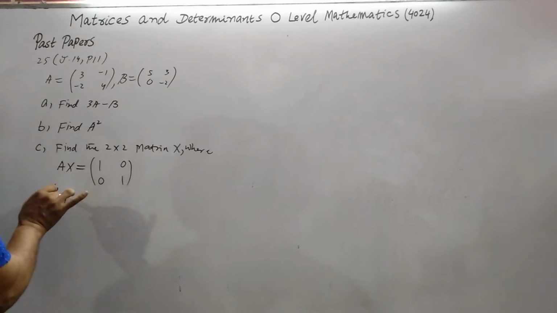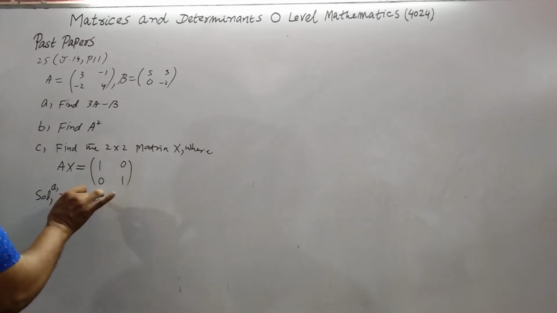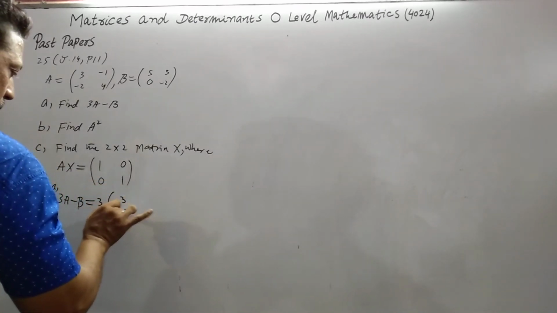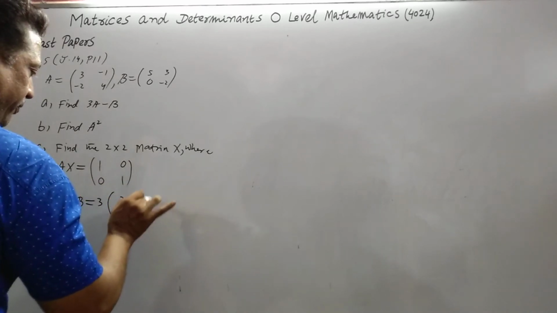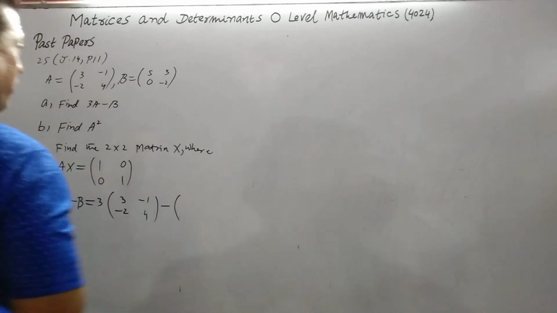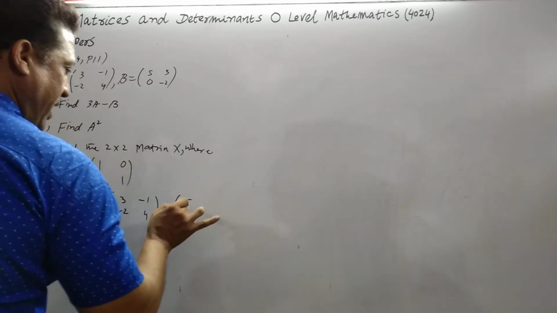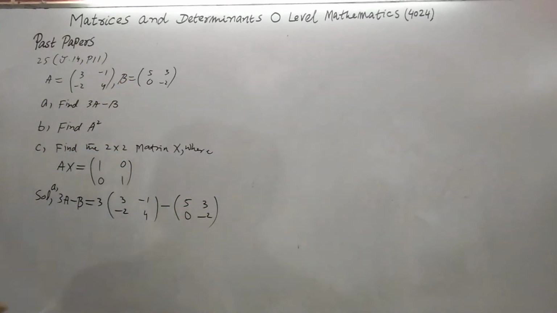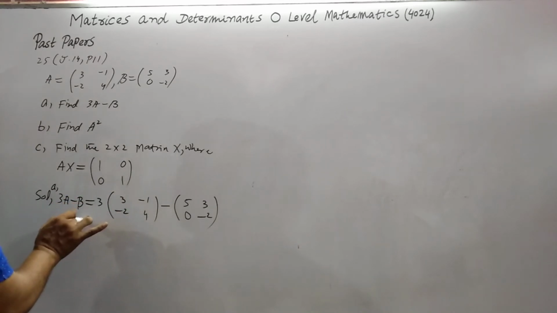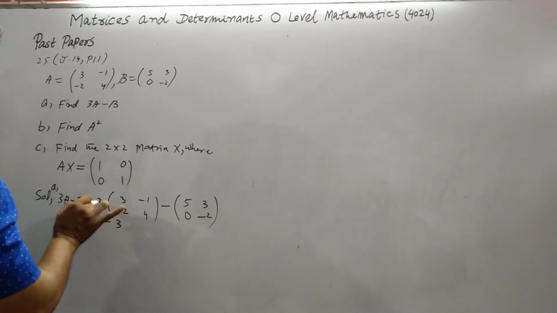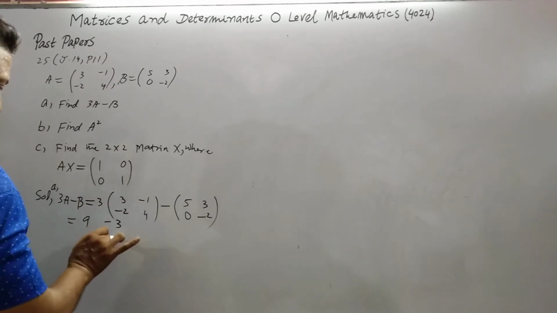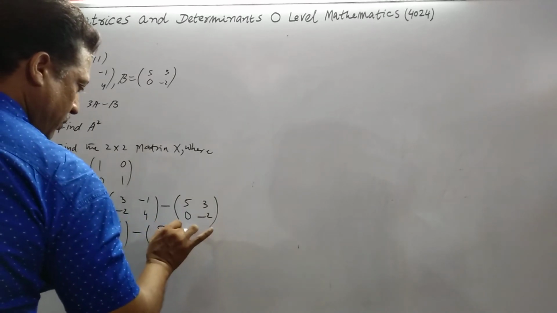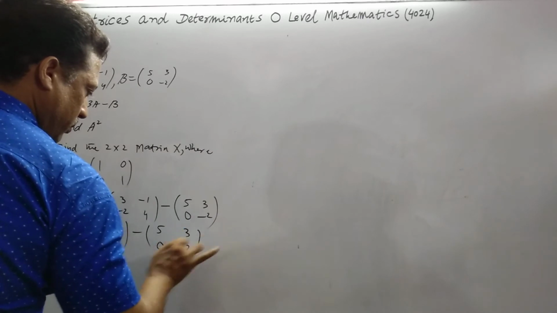Part A, 3A minus B is equals to 3 multiplied by A. What is A? 3 minus 2 minus 1 4 minus B. What is B? 5 0 3 minus 2. 3 3s are 9. 3 into minus 1 is minus 3. 3 2s are minus 6, and 3 4s are 12. Minus 5 3 0 minus 2.